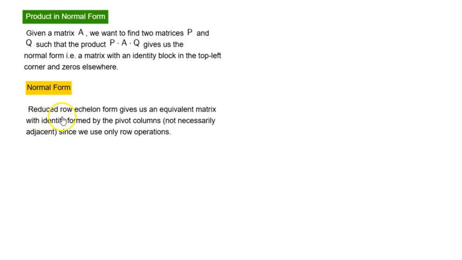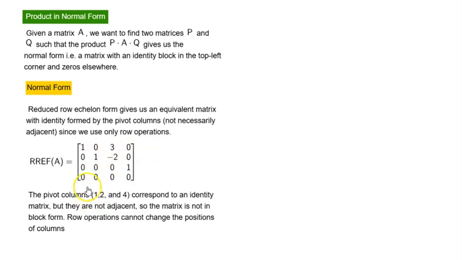Now, remember, reduced row echelon form gives us an equivalent matrix with the identity formed by the pivot columns, not necessarily adjacent to each other, since we use only row operations. So this was an example we had seen. The row reduced echelon form of A is equal to this matrix, let's say.